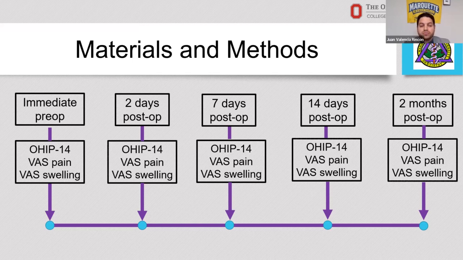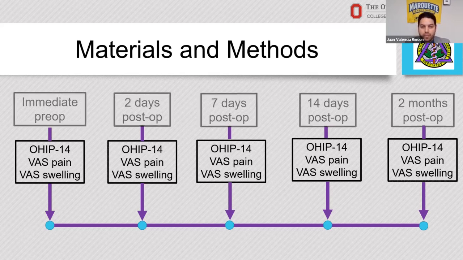These two scales go from 0 to 10, depending on whether they have severe pain, no pain at all, or moderate pain. Then we did the exact same thing at 2 days post-op, 7 days, 14 days, and 2 months. We chose this series of post-ops to standardize as much as possible and to see the changes in swelling and pain.